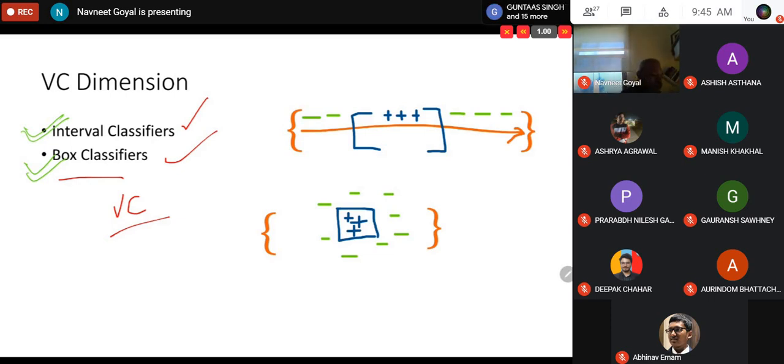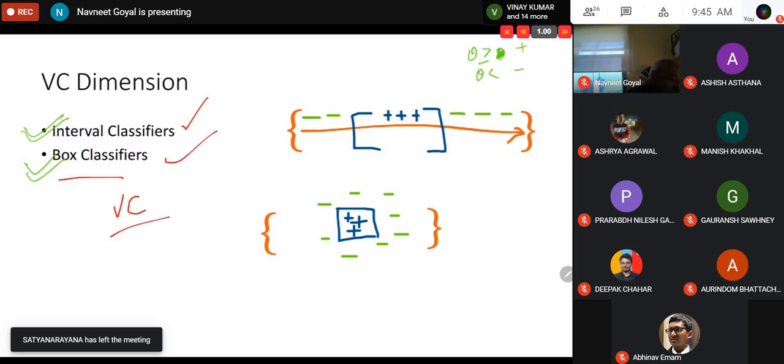An interval classifier is such that inside the interval it is positive and outside the interval it is negative. For the decision stump, what was the rule? Any point to the right of theta is positive, and any point to the left of theta is negative.